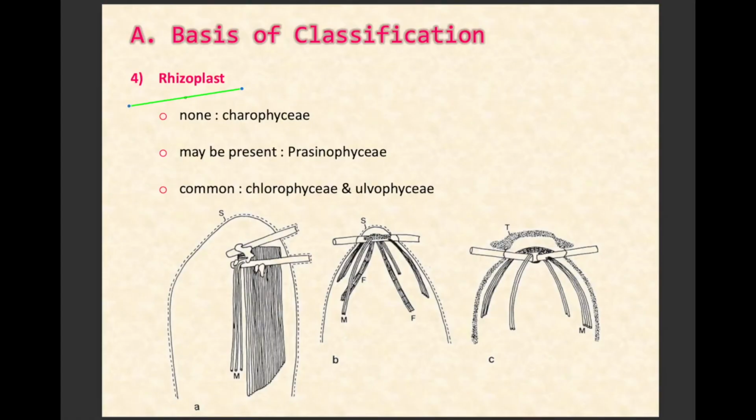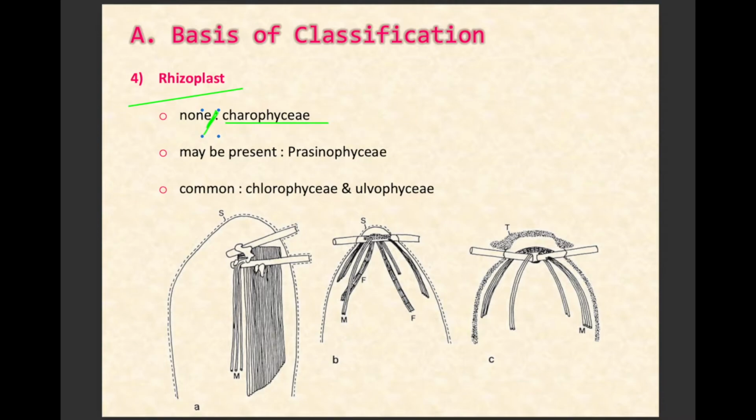Now, in terms of your rhizoplast, yung ating mga Chlorophyceae, yung ating mga Charophyceae, they don't have your rhizoplast. Ito yung, di ba kung maalala nyo, ito yung naka-attach near your nucleus. Di ba?